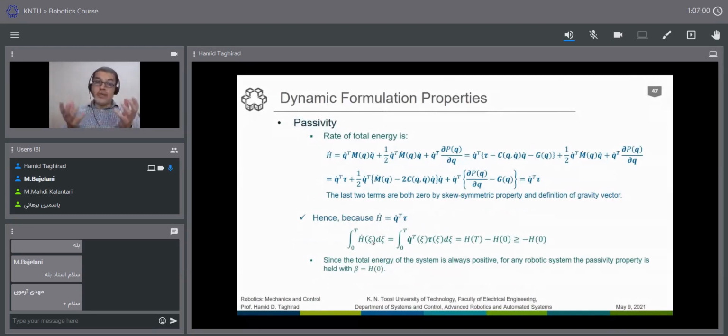We have 2 approaches for stability analysis in nonlinear control. They are very, very closely related to each other. One of them is Lyapunov, with which you are familiar. The second is passivity. Passivity is very related to energy and dissipation of energy, but it might be easier to use.